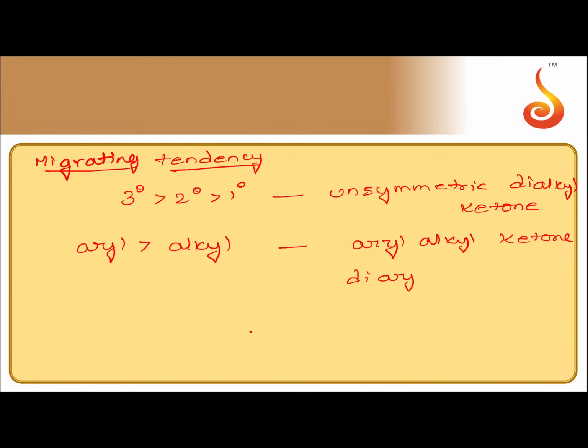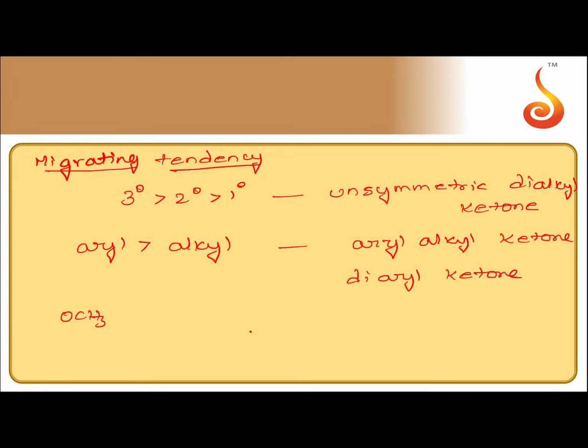Then if it is a diaryl ketone, the migrating tendency of an aryl group will be facilitated by an electron releasing group in the para position. So an aryl group with an electron releasing group in the para position migrates more readily than other groups.